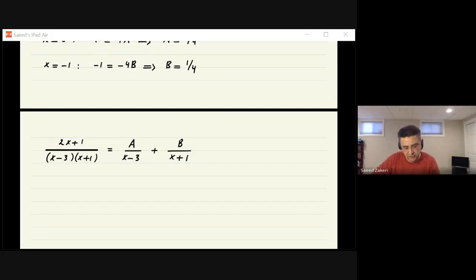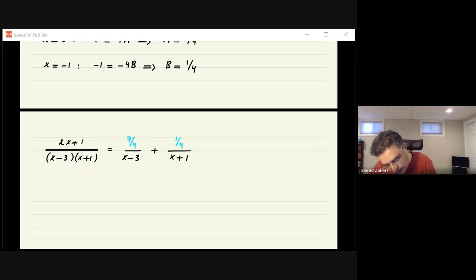I tried to take my original fraction and split it as a number divided by x minus 3 plus a number divided by x plus 1. And now I know what A and B are, so I can put 7 over 4 for A and 1/4 for B.